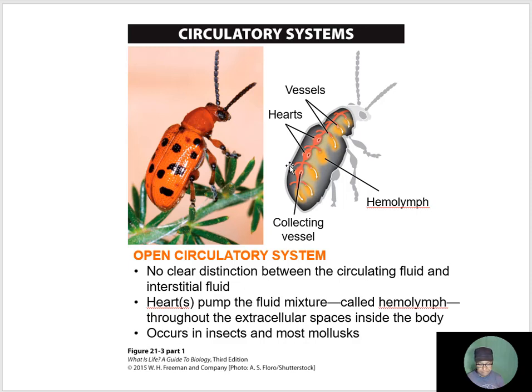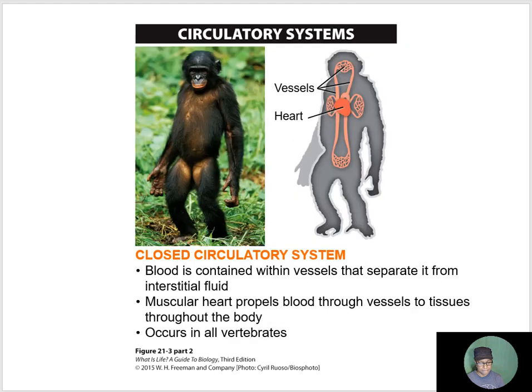We have one, but not every organism has one. So here we can see the multiple hearts in this insect, and they're pumping the fluid mixture, which is called hemolymph, throughout the extracellular spaces inside the body. And so we see this open circulatory system in insects and most mollusks. Think your snails, right? A snail is a mollusk.